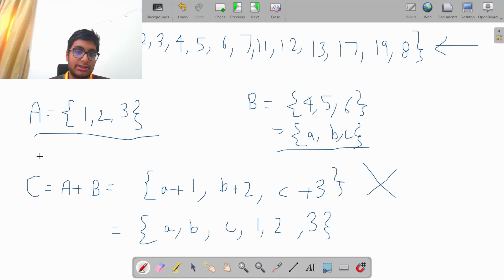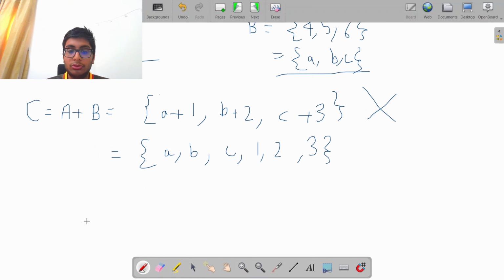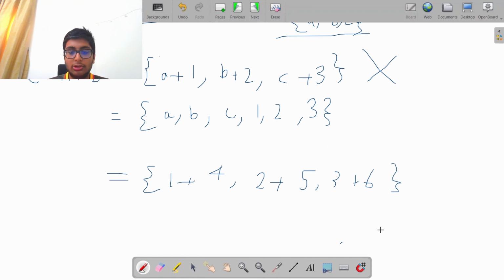And I will come to the catch later on. But hear me out very well when I say that it doesn't mean simple addition like you do in numbers. If I had the set A equal to 1, 2, 3, and B equal to 4, 5, 6, what normally people would do is 1 plus 4, 2 plus 5, and 3 plus 6. And that's wrong.